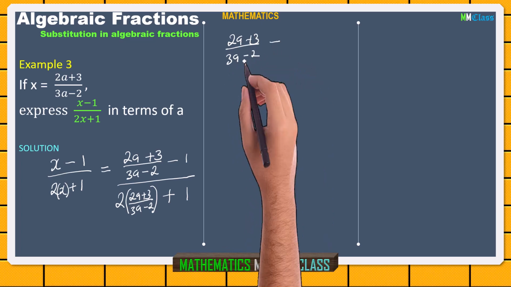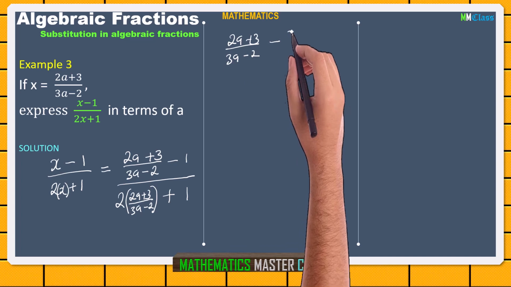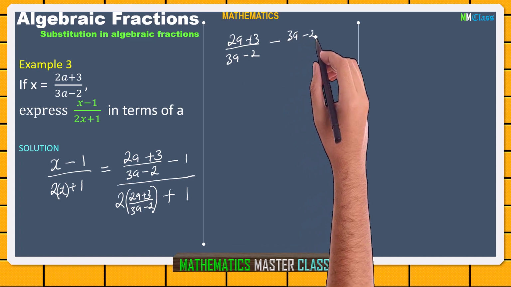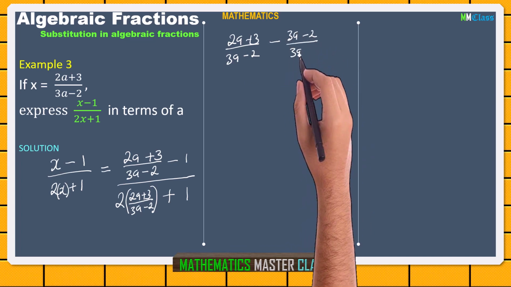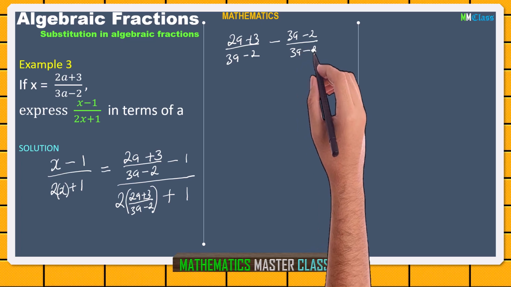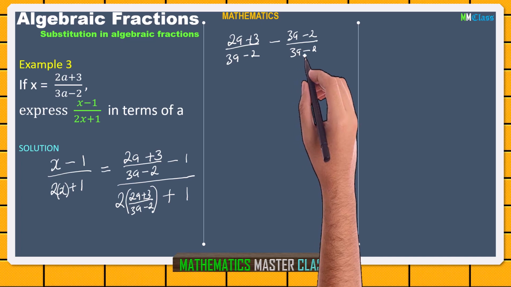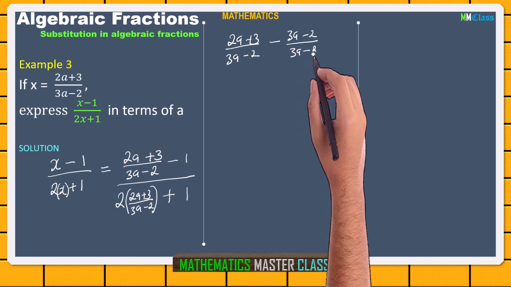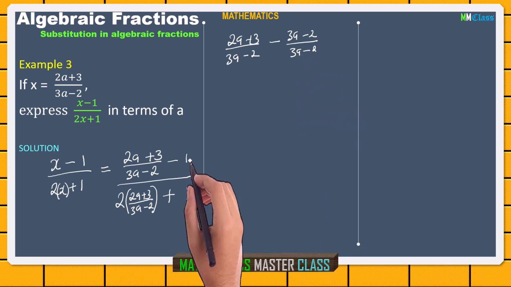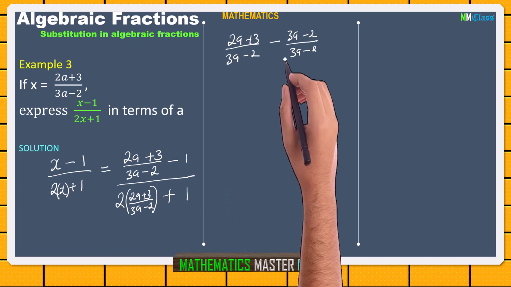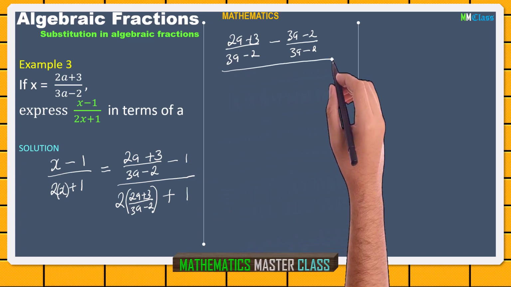Now if we write 1 as 3a minus 2 over 3a minus 2, 3a minus 2 divided by 3a minus 2 is 1, so it's the same thing as 1. We are trying to form like fractions here so that it will be very easy for us to solve.